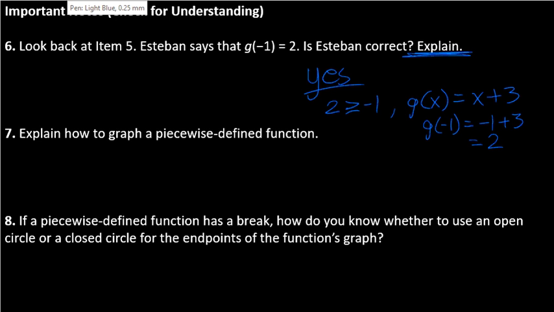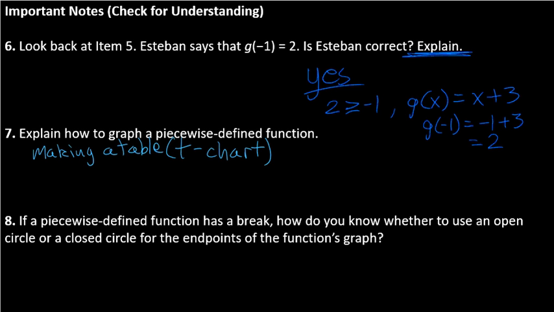Okay, how do we graph a piecewise defined function? Well, I would start out by making a table, whether you call it a T-chart or an input-output table, that's up to you. But start by making a table for certain values, right?